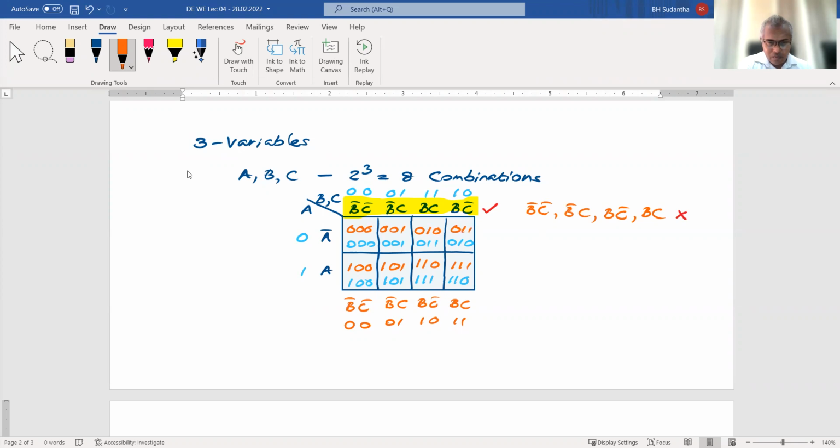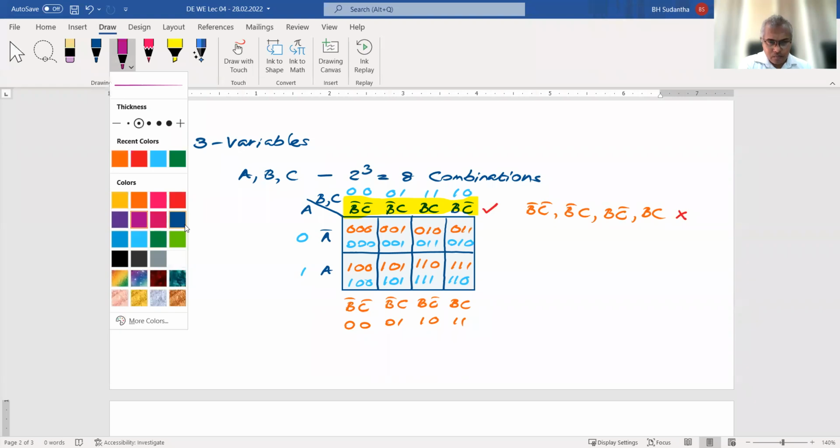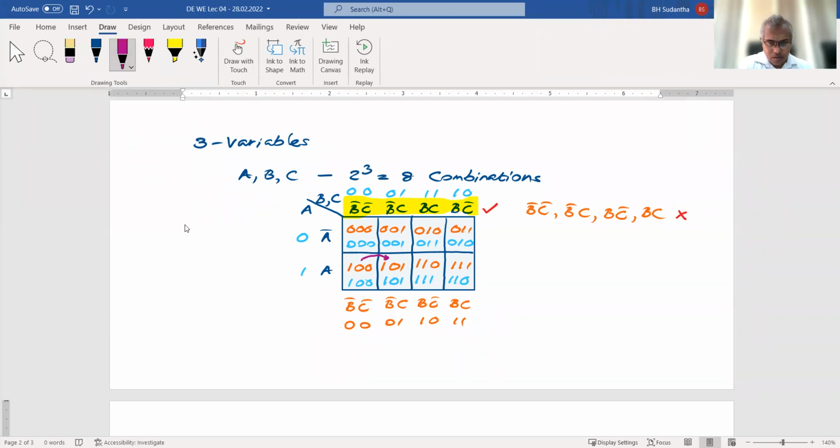Okay, when you go from here to here, 1, 0, 1 became 1, 0, 1. It's okay. Then this 1, 0, 1 changes to 1, 1, 0. This is 1. It's okay. But this 0 has changed to 1 and this 1 changed to 1, 0. Then 2 bits we have changed.